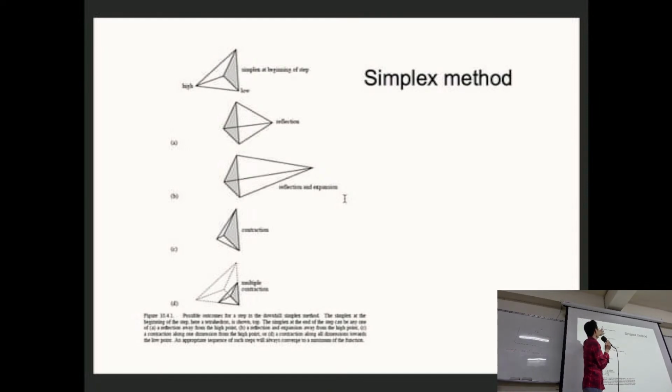And then how is this triangle to move? You can move this way, or move this way, or contract and so on. There are various ways to make a movement. But it does not want to move this way, right? Because this is high. It wants to move this way, or even beyond. So anyway, the solution is here or somewhere in this domain, not this domain.